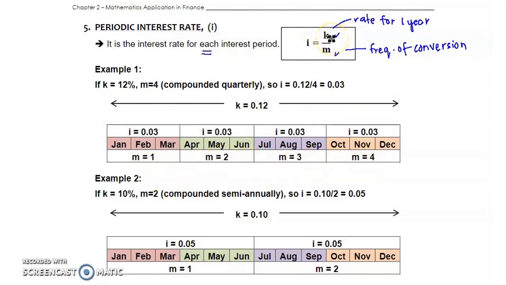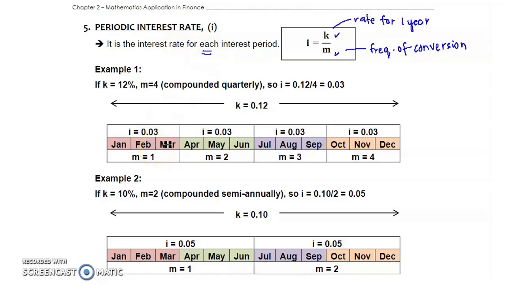So 12%, the rate for 1 year, divided by how many times we calculate interest in 1 year. So 12% divided by 4, we get 3%. So meaning to say that every 3 months, the interest is 3%. So that is value I, the periodic interest rate, which is the rate for each interest period.